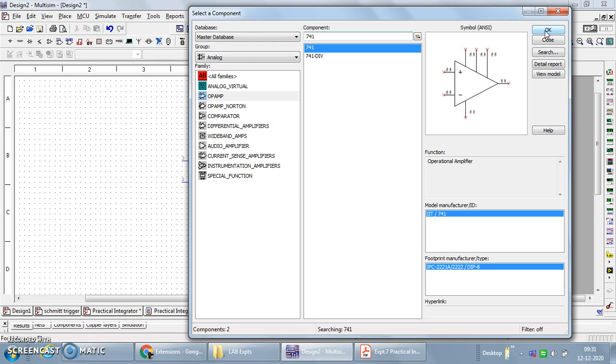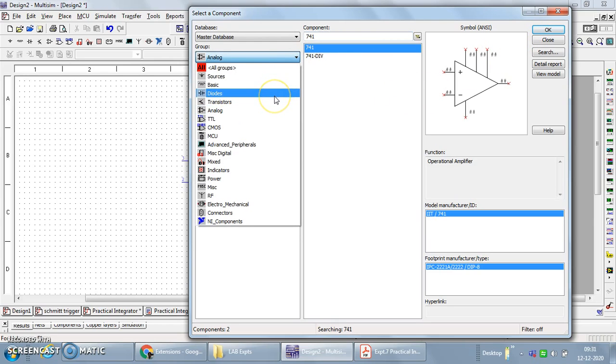Now along with the op amp, we need the two resistors, one capacitor and the ground connections also. So I will complete the design.